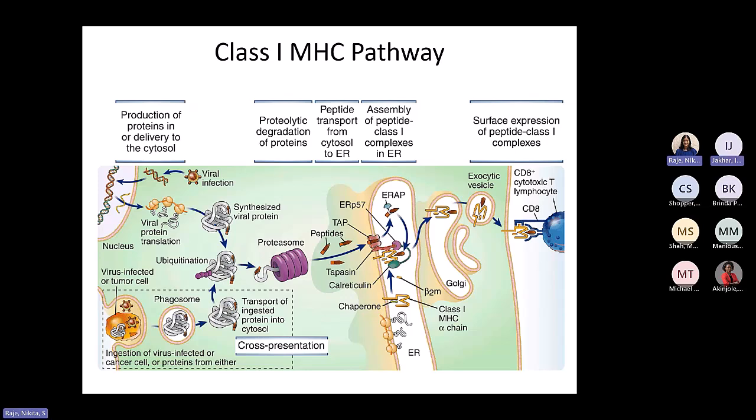And they can continue to show off whatever they are making, whatever is produced in the cell, all the time, but they get the attention of CD8 T cells only when there are certain signals, so when there is a viral infection or when there is an intracellular infection that causes a lot of cytokines to be produced, a lot of class 1 MHC that are expressed on the surface, that's when they gain that attention.